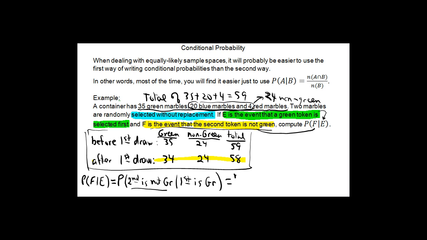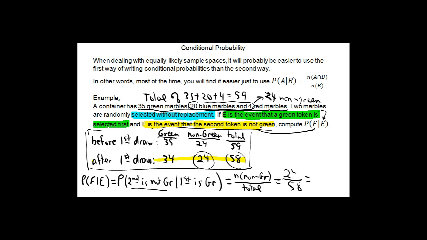So we've got to have the number of not greens, or non-greens, divided by the total, or the number of elements in a sample space, which is now gone down to 58. Remember, we're looking at what happened after the first draw. So there are only 58 things total, but now we're looking for the number of non-greens. Well, there are 24 non-greens, so that's 24 over 58.